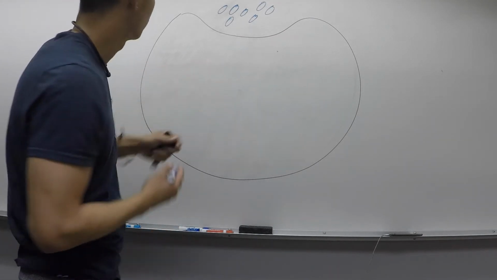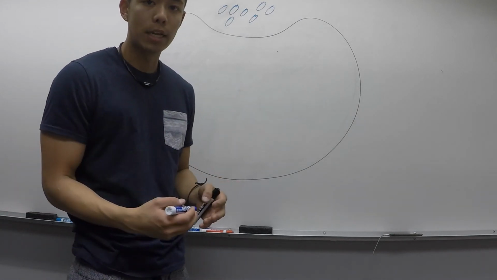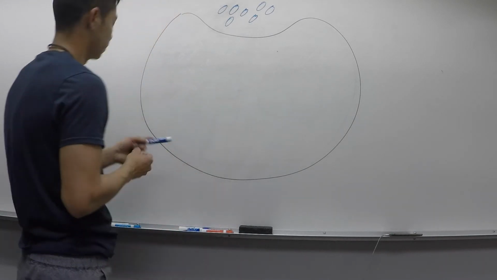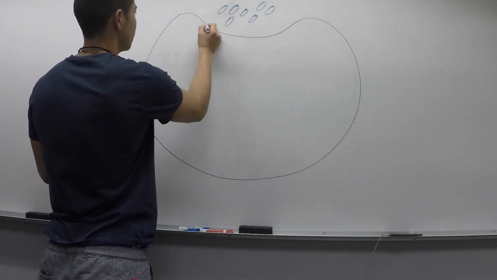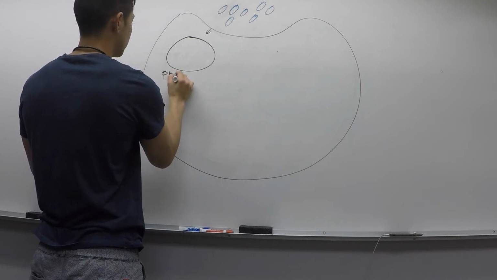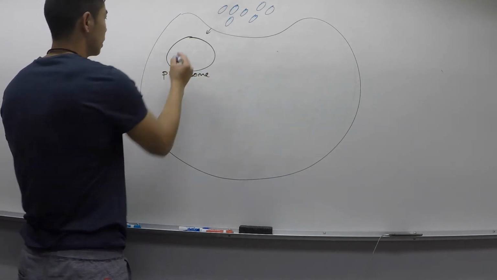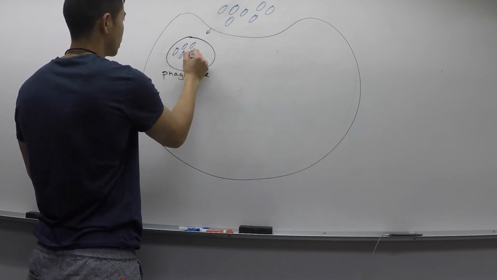It's going to save the day. What our macrophage is going to do is endocytose, or take in, this bacteria. It's going to put it into this vesicle known as a phagosome. This phagosome is going to contain the bacteria that we've endocytosed.